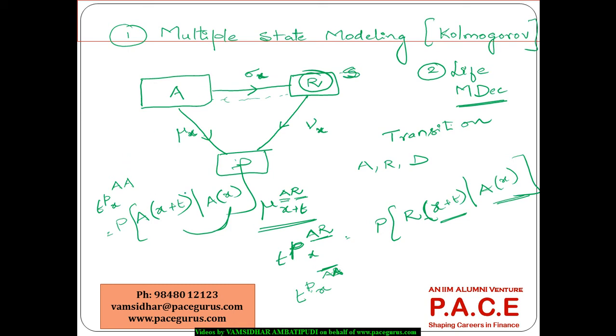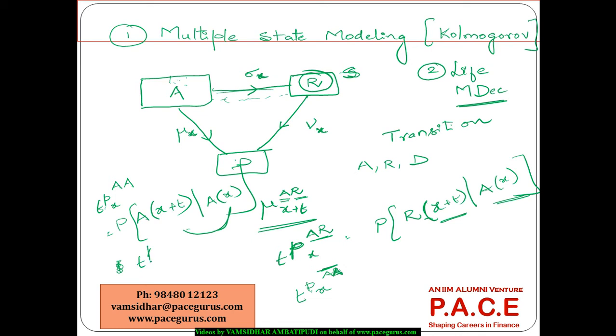So we are talking about the probability that he is in state A at x plus t, given he is in state A at x. You see the difference?